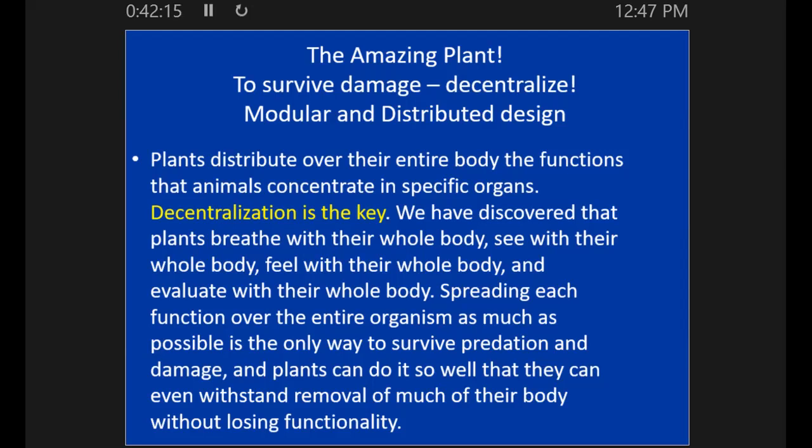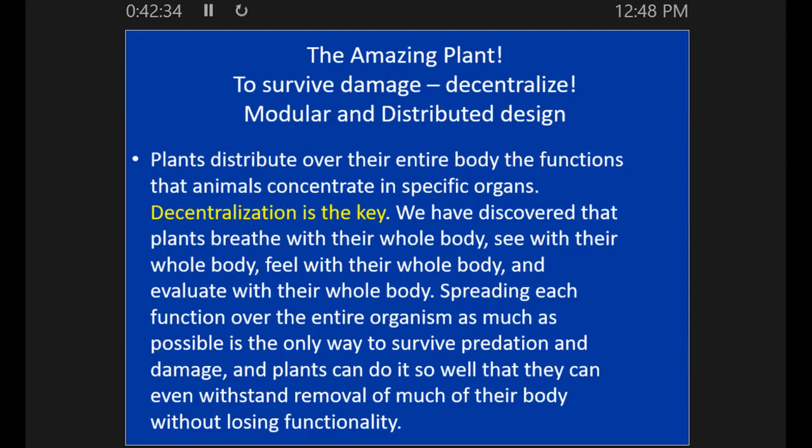Spreading each function over the entire organism as much as possible is the only way to survive predation and damage. And plants can do it so well that they can even withstand removal of much of their body without losing functionality. I mean, it really is a phenomenal way to live your life.